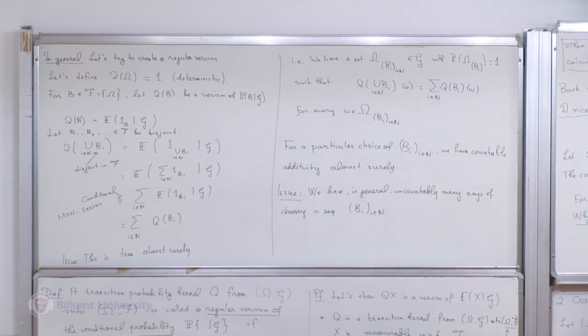You have so many different ways of choosing a sequence of disjoint sets, and for each such sequence, you have an almost sure event.